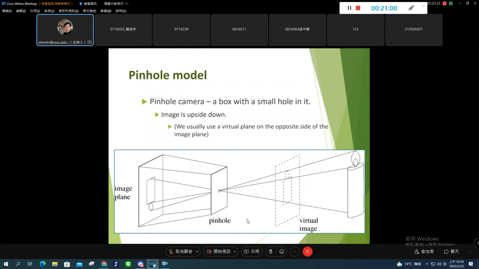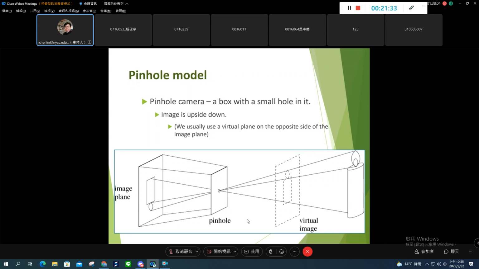I have to emphasize in advance that the model is important, and we will use the pinhole model for most of our 3D scene geometry analysis in the later chapters. So don't think it's just a chat about the pinhole model for ancient painting. It's actually still an applicable model here.